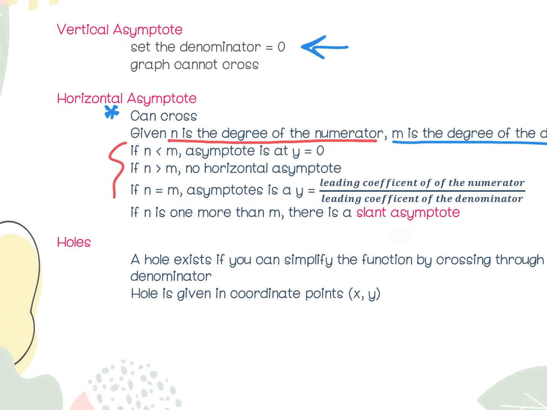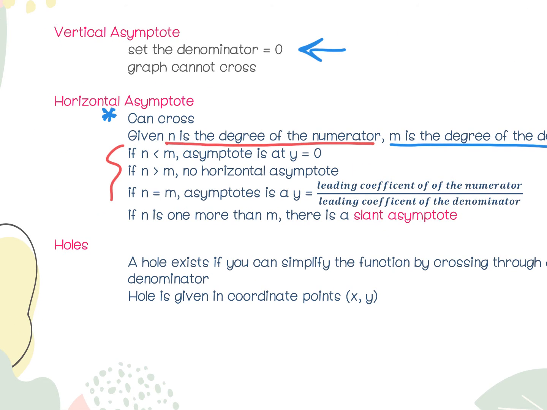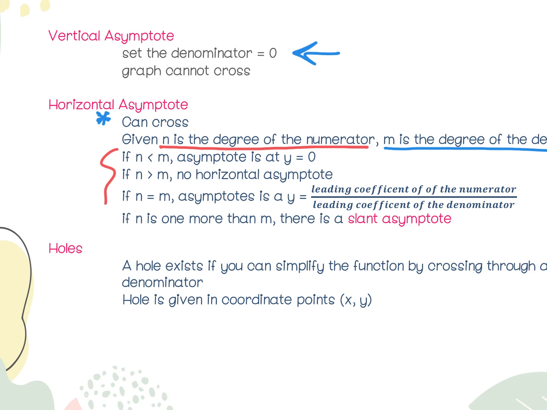So our first scenario is when the numerator degree, the top degree, is smaller, so when n is less than m, then your horizontal asymptote is just located at y equals 0.